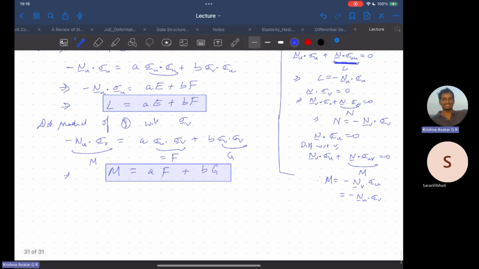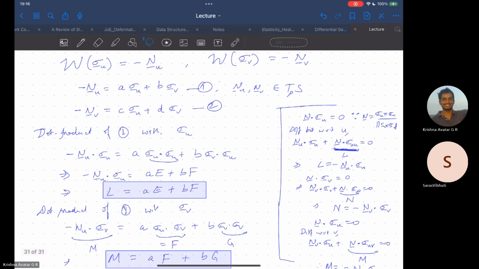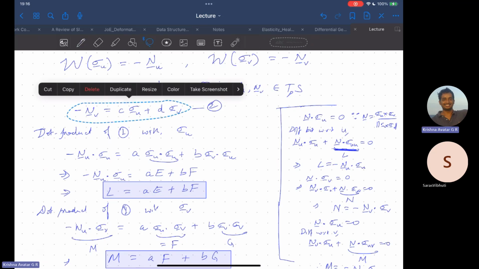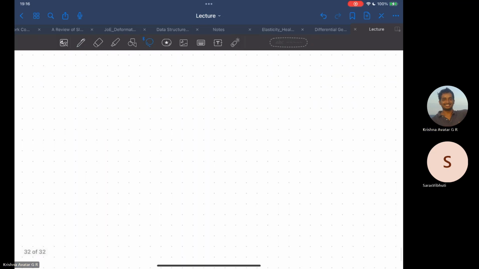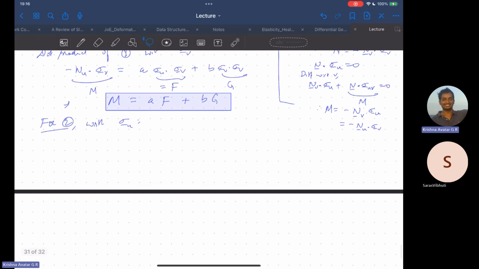Now let's repeat the same for equation 2 with sigma u. Just pick this up and put it here. Dot with sigma u.